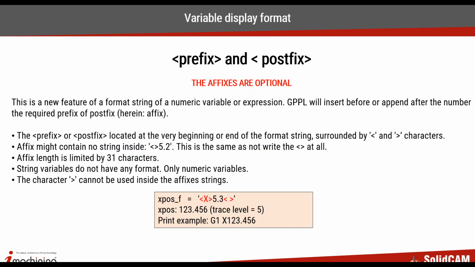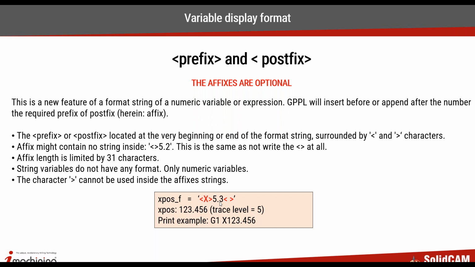Now let's move to the prefix and postfix. They are called affixes, and they are optional. So what is a prefix and postfix? Those are the values or characters that are printed before and after the numeric part of the variable.